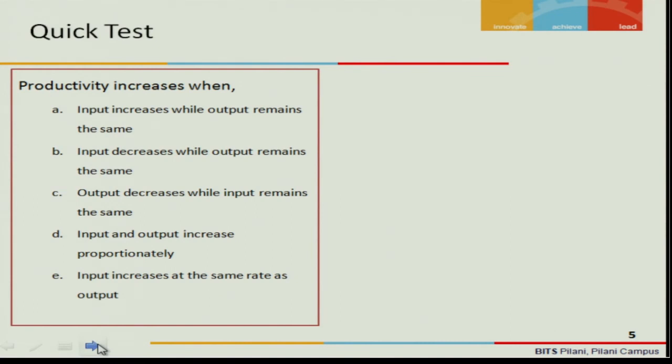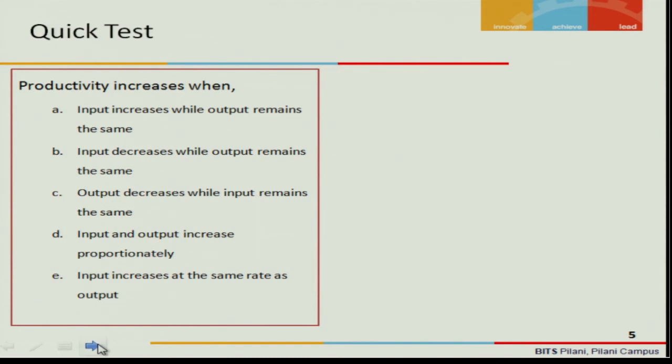Let us conclude this lecture session with a quick test. Here is the first question. Productivity increases when the input increases while output remains the same. Is it right? Option A, the input increases while the output remains the same.